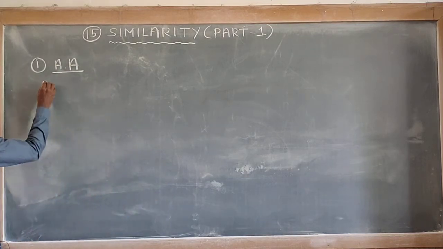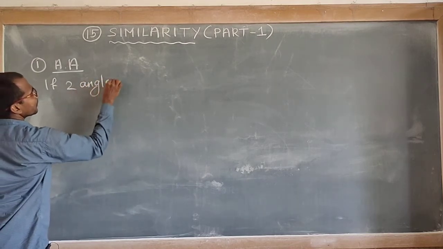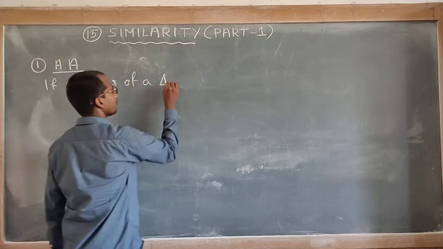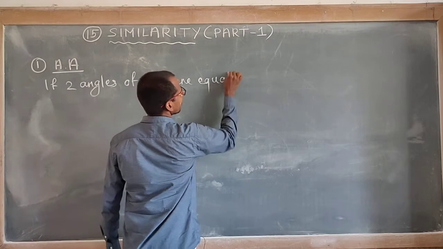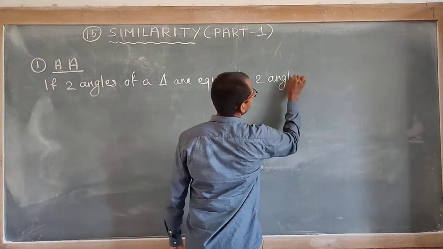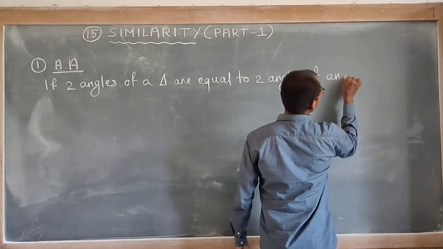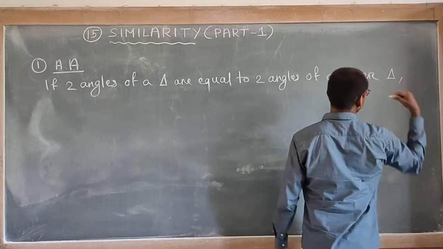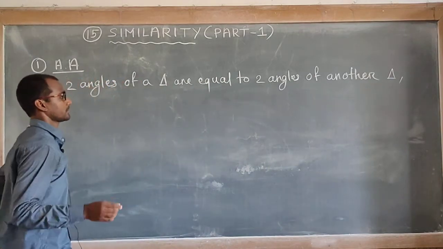This means if two angles of a triangle are equal to two angles of another triangle, then they are similar. Just that.